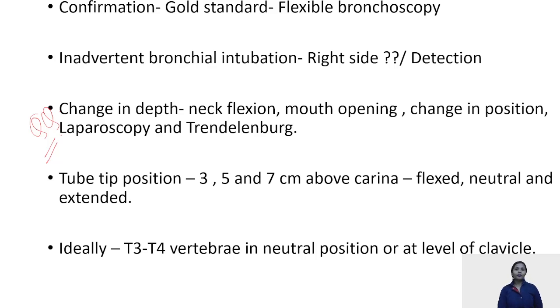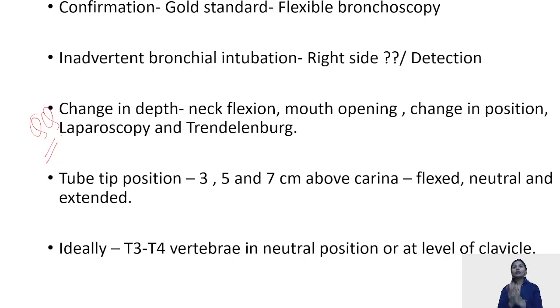Done? Tube tip position. Generally the best position for the tube tip is 3 to 4 centimeter above your carina. Your carina is at the level of T4. Done. 3 to 4 centimeter above the carina is the best position for the endotracheal tube tip.